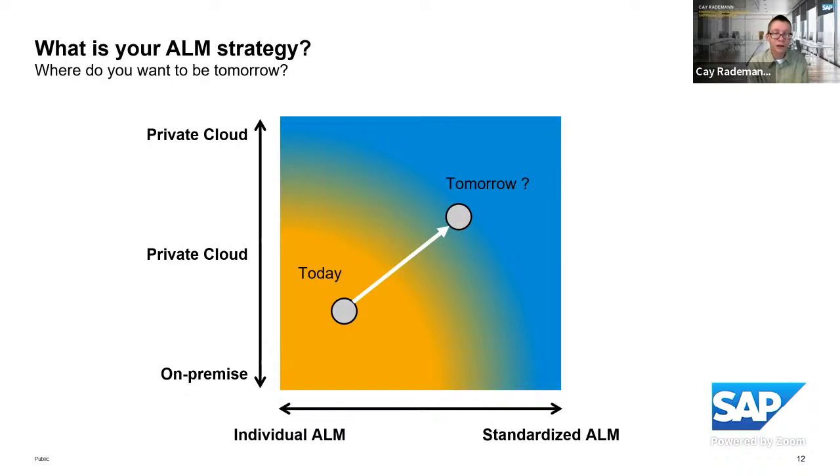But for cloud-centric customers that want to have more standardized processes, here Cloud ALM is the clear favorite, and the others, probably you as well, are lying somewhere in the middle here. So we are not at the final solution yet, but we have a better understanding at this moment.